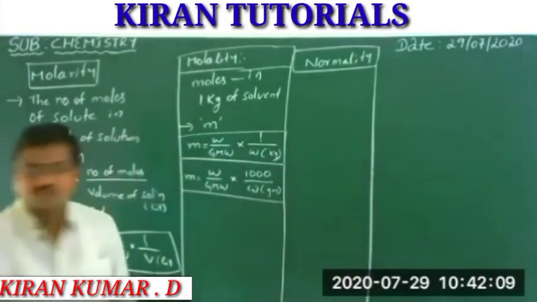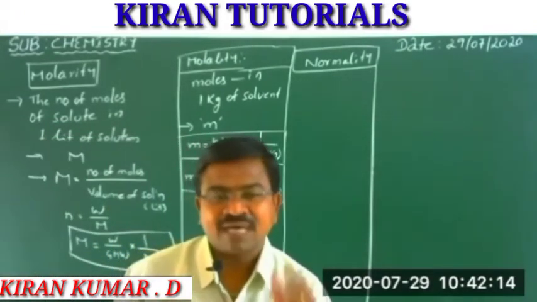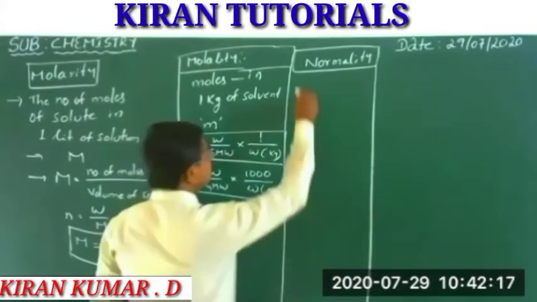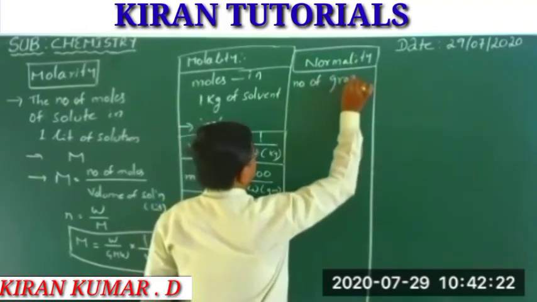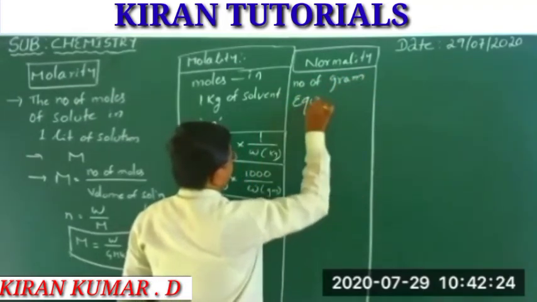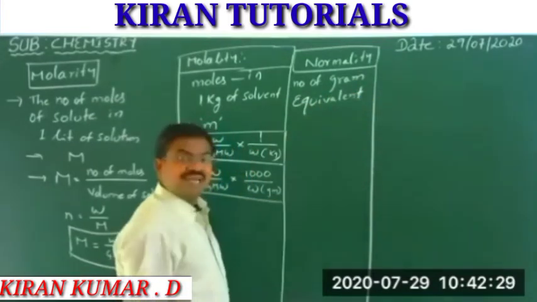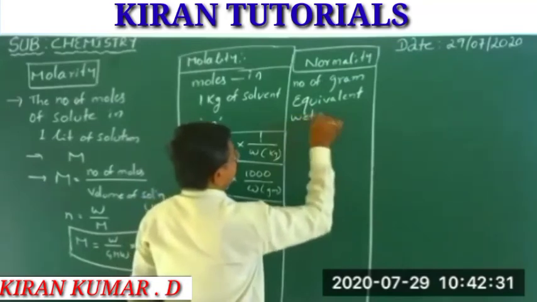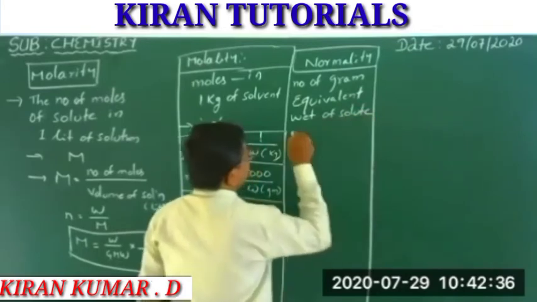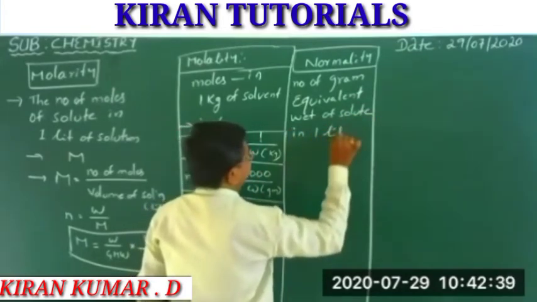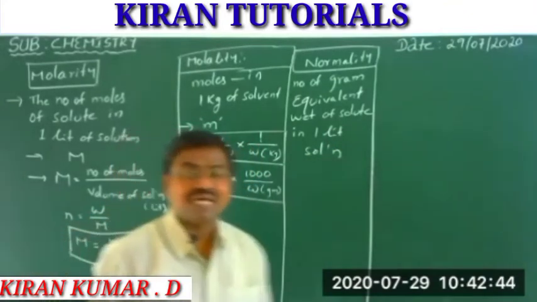Then if you go to the next one, normality. So what is normality? The number of gram equivalent weight of a solute in 1 liter of solution is called normality.